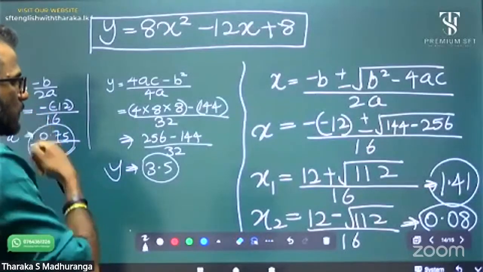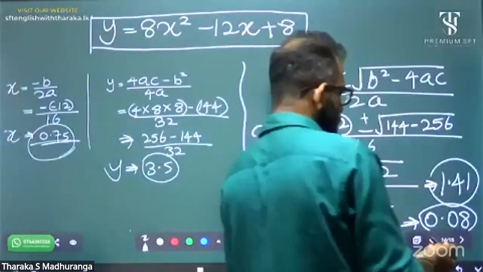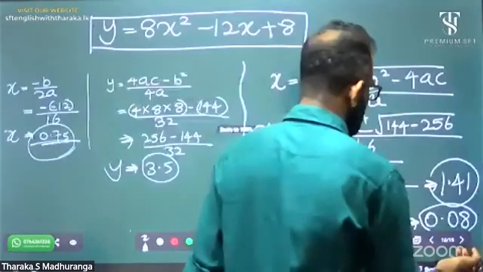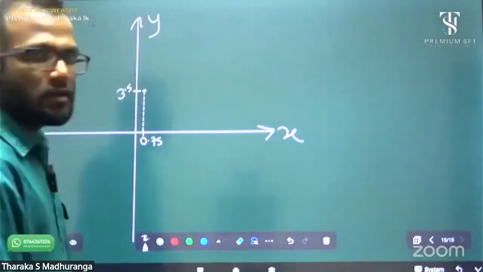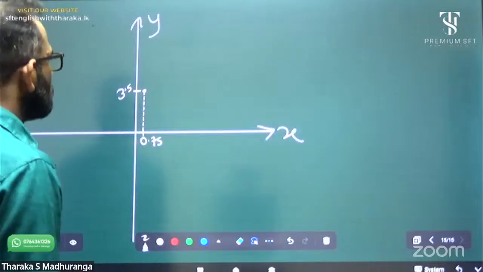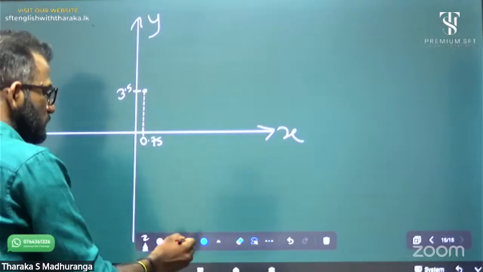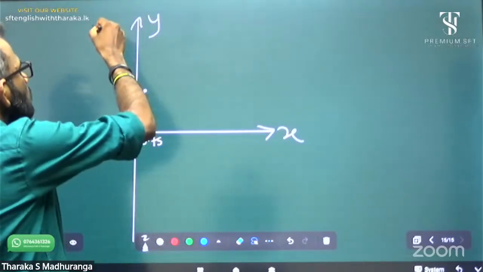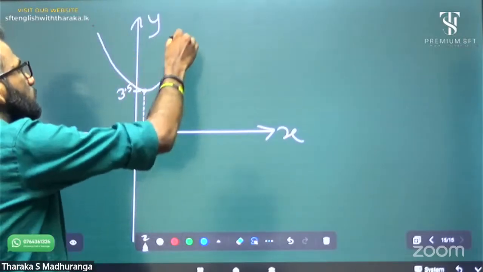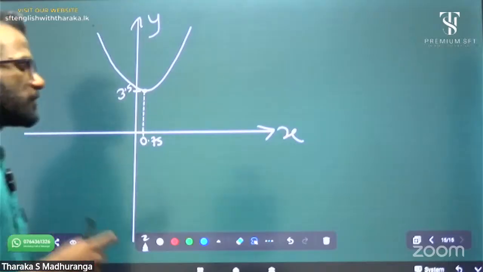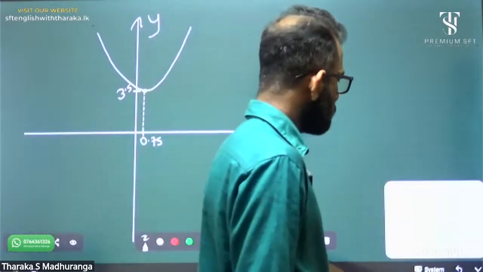No. Then there are no x-axis cutting points. It doesn't have any x-axis cutting point because it is minimum. The shape is a minimum, and this is the turning point. Then no x-axis cutting points. Understood?